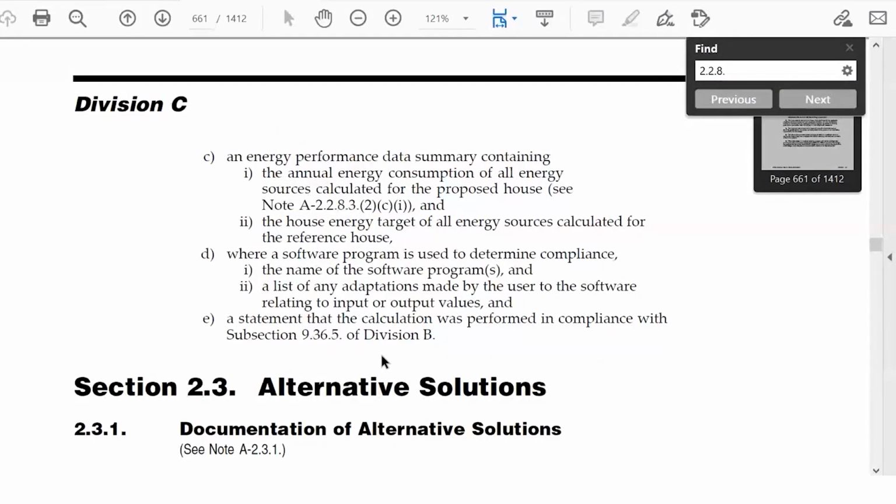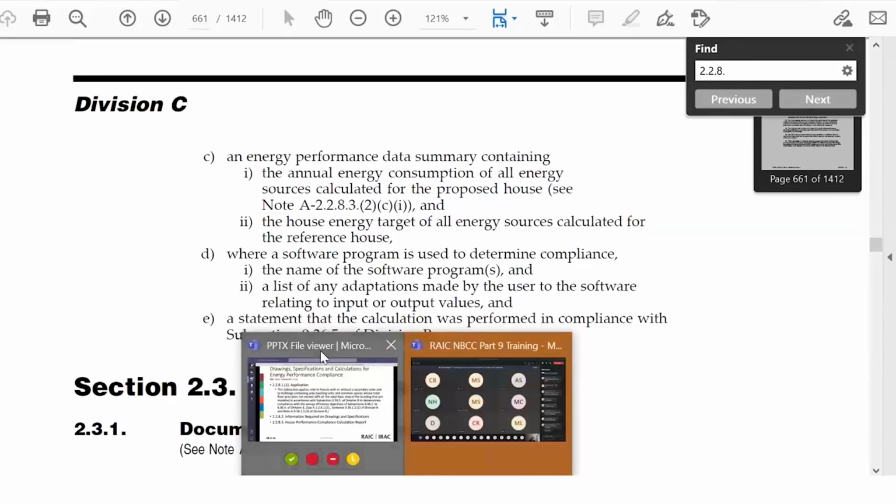And it goes on to the energy performance data summary, and where a software program is used to determine compliance, the name of the software program, the list of any adaptation made by the user to the software relating to input and output values, and a statement that the calculation was performed in compliance with 9.36.5. So that's for energy efficiency compliance.